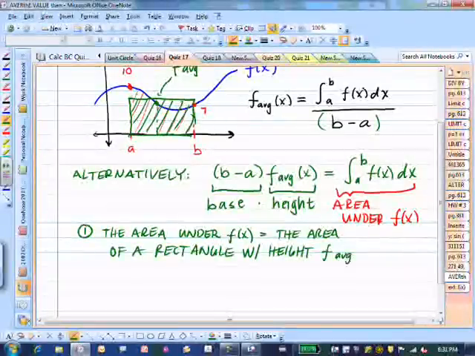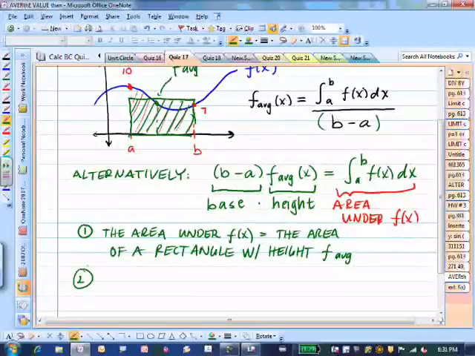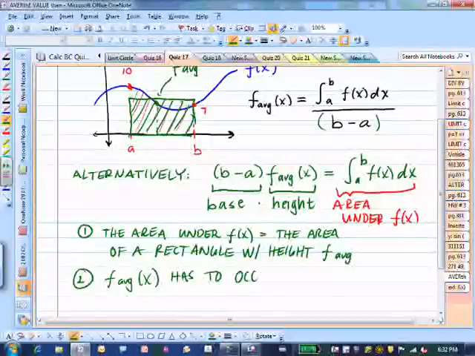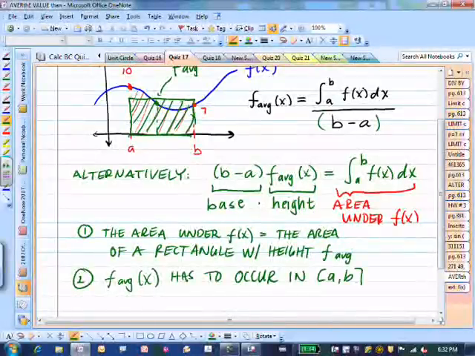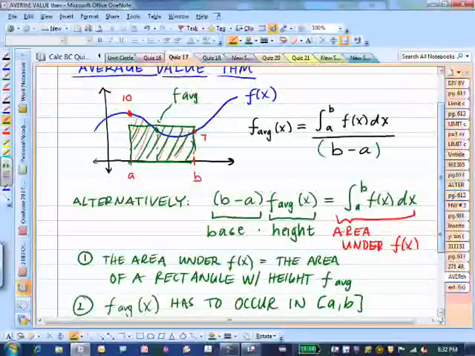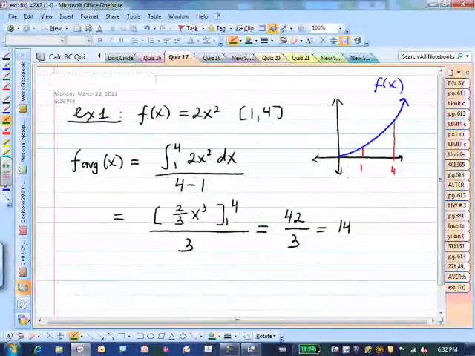Pretty remarkable. The second implication, kind of just based on the picture, is that f average of x has to occur in the interval. In other words, if our stock price started at 10 and then dropped to 7, whatever the average was, it has to occur somewhere between a and b, so the x has to be here.